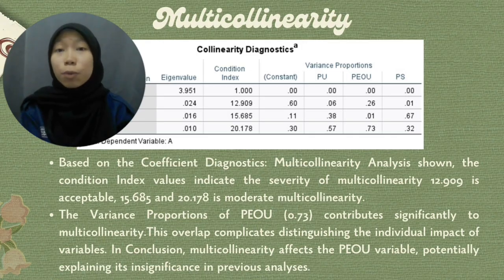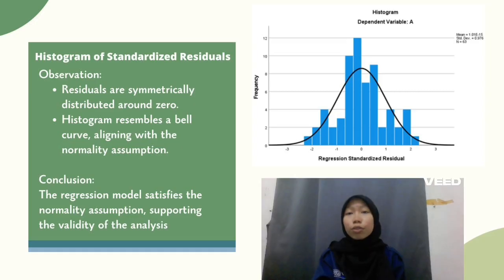The variance proportion of PO, which is 0.73, contributes significantly to multicollinearity. This overlap complicates identifying the individual impact of each variable. In conclusion, multicollinearity affects the PO variable, potentially explaining its insignificance in the previous analysis.